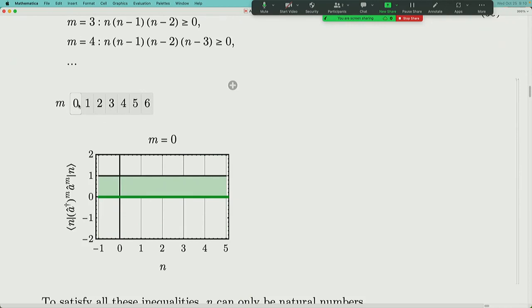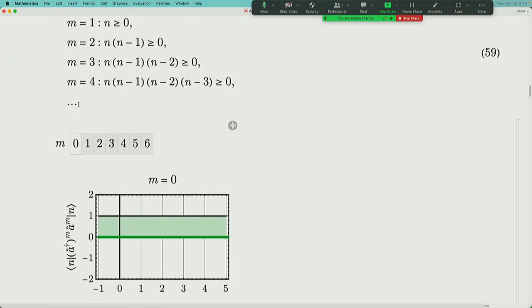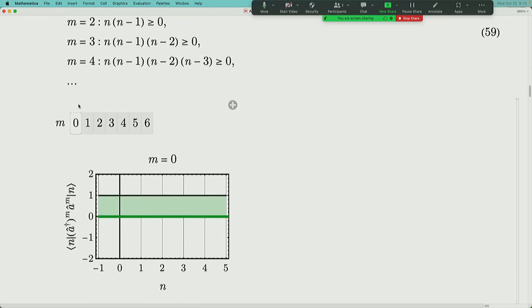So this black line corresponds to, let me explain what I'm doing here. The horizontal axis is n, and the vertical axis is this scalar product we just calculated. When m equals 0, this quantity is basically 1.